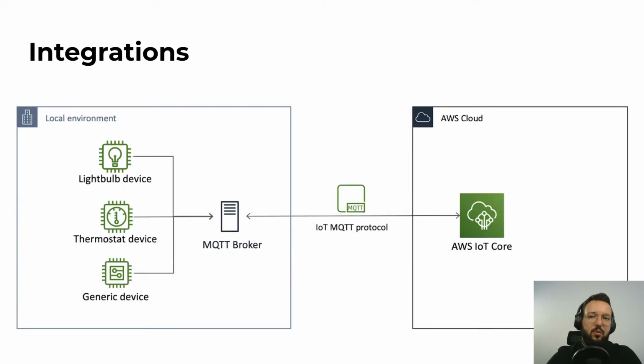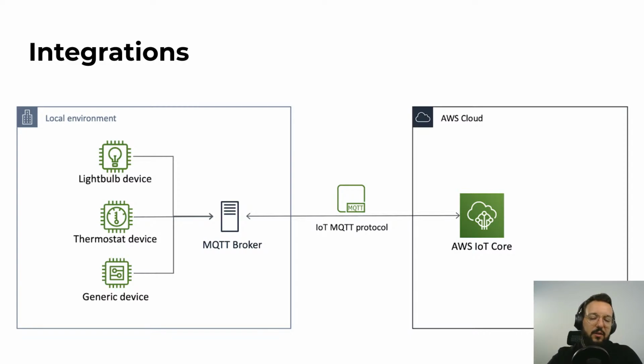Another example is how to integrate multiple MQTT brokers together. You can have this ability to have federation when it comes to MQTT. So you can have an MQTT broker in your local environment that handles the traffic from multiple devices.